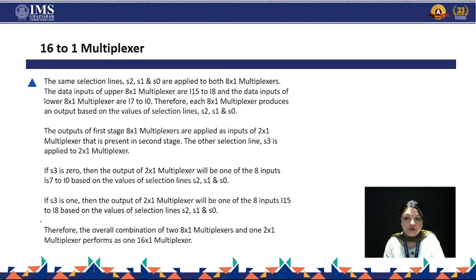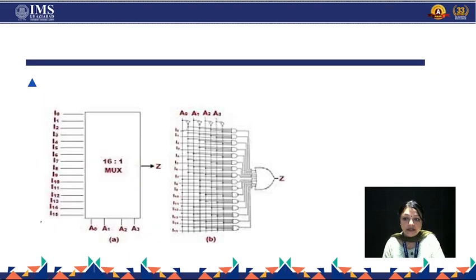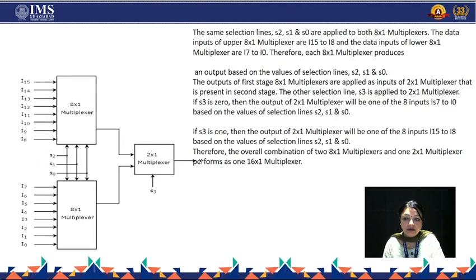Now the 16 into 1 mux is the same as the 8 into 1 mux, but the difference is that there are 16 input lines that start from I0 to I15 and the output will be 1. We can implement this multiplexer with the help of 8 into 1 muxes.